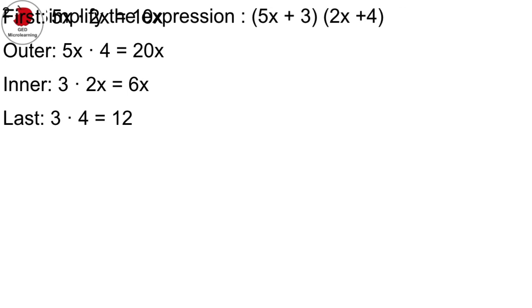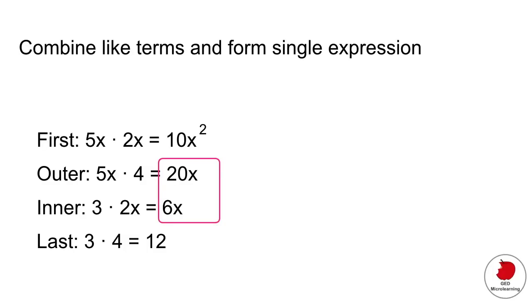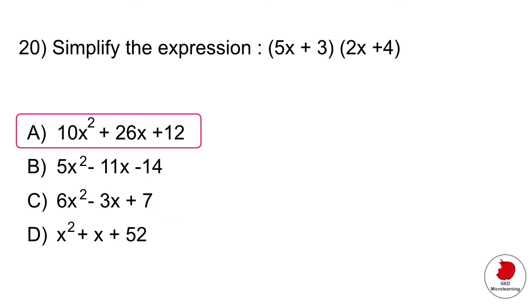All right, and what you want to do now is then simplify this. So you would add these terms together as well, and then combine everything to make one single equation. Okay, so 20x plus 6x is 26x, and then you have the rest of the equation. So this is answer A.